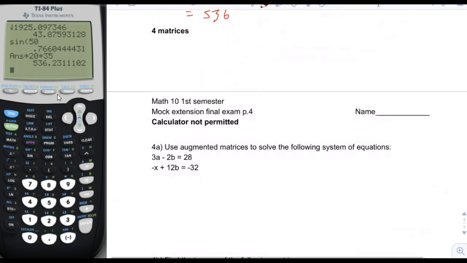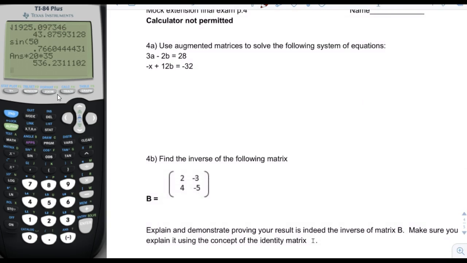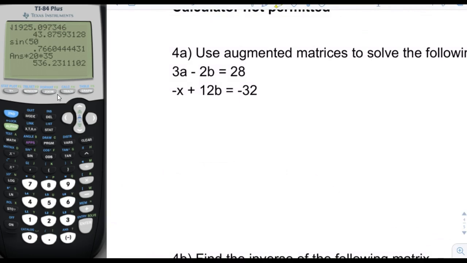Okay, let's move on to augmented matrices. Use augmented matrices to solve the following system of equations. Remember that with augmented matrices, you take the coefficients from, oh, look what I did, I made a boo-boo. This should be A, right?